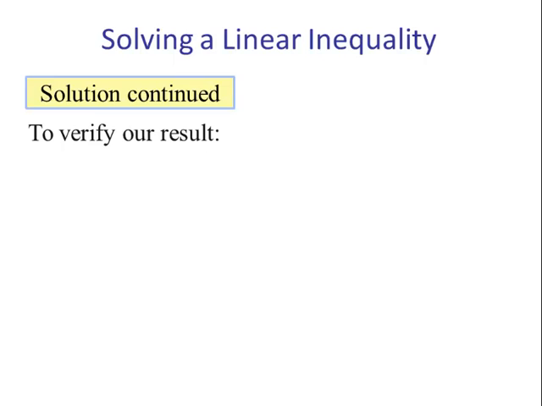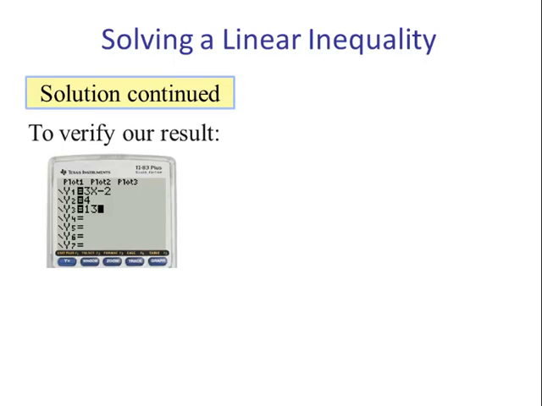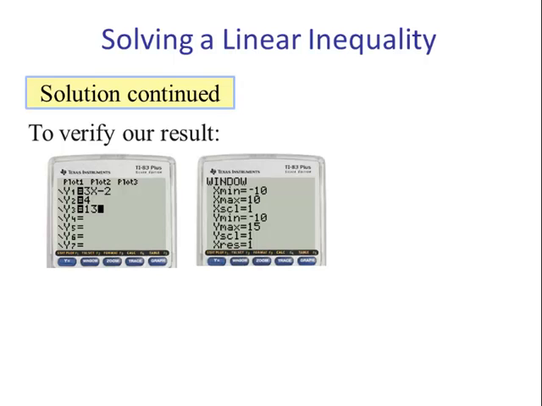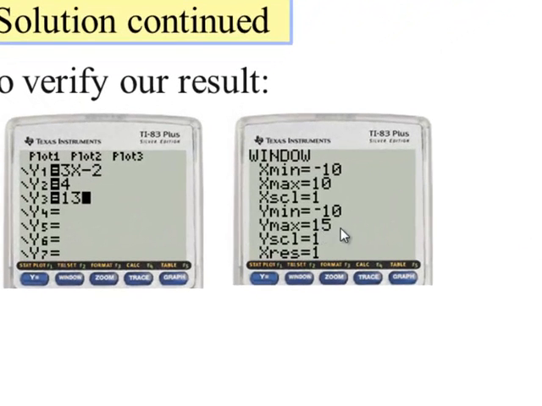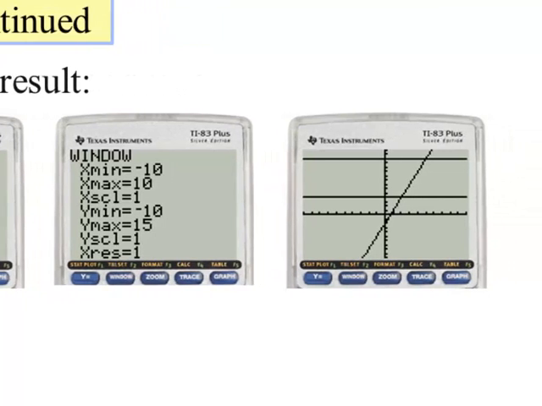To verify this using the graphing calculator, we type in 3x minus 2 as y1. y2 is 4, y3 is 13. We'll have to change the window setting from a y max of 10 to a y max of 15 so we can see this part of the graph. We hit graph.